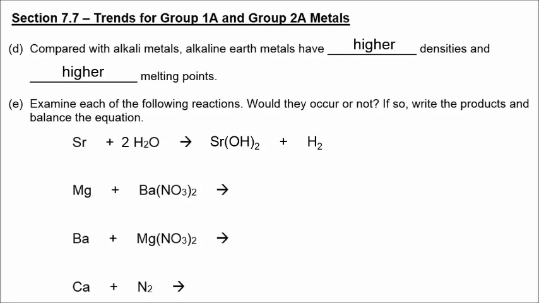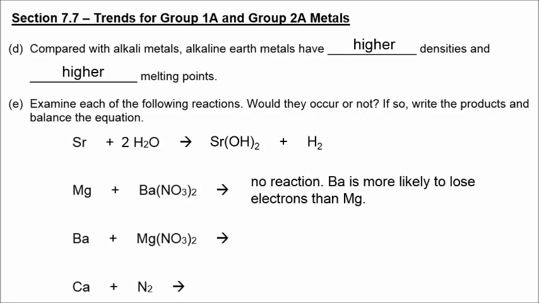Magnesium or barium? Well, considering that barium is further down the column, as you go down, atomic radius increases. So barium is more likely to react and lose electrons than magnesium is. So the first reaction would not occur, but the second one you would just produce barium nitrate and magnesium in a single replacement reaction.